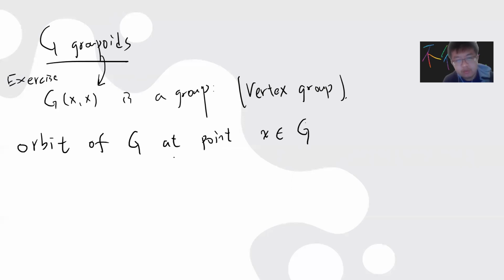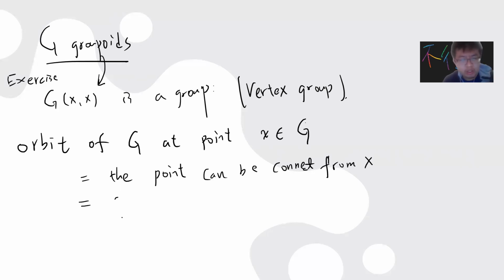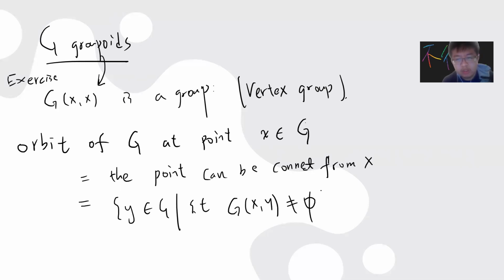So the orbit of G at a point x belongs to G is that, informally, the points that can be connected from x. Or basically, mathematically, I should say y belongs to G such that G(x,y) is non-empty.